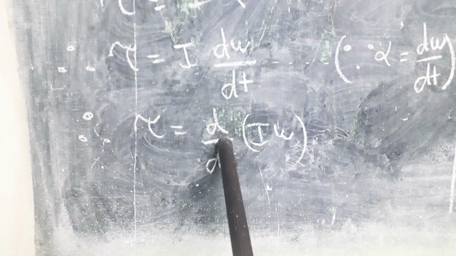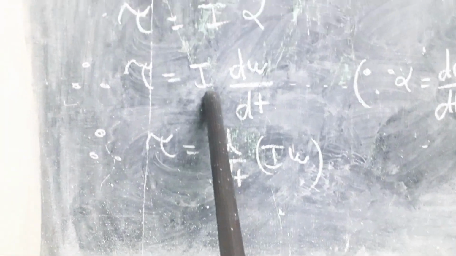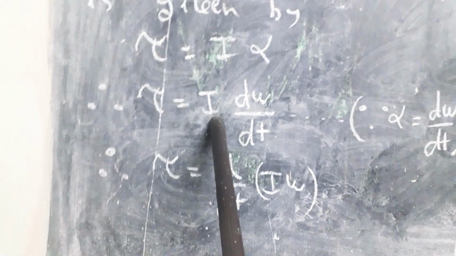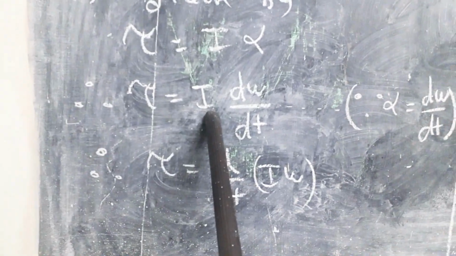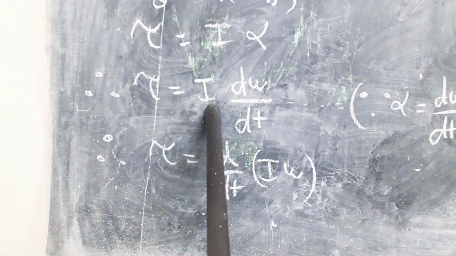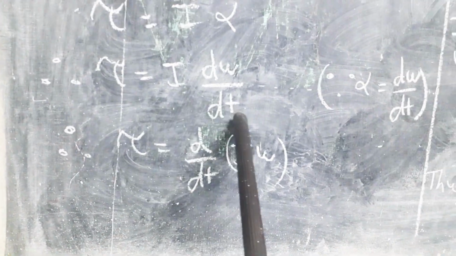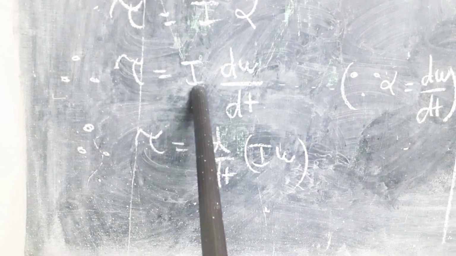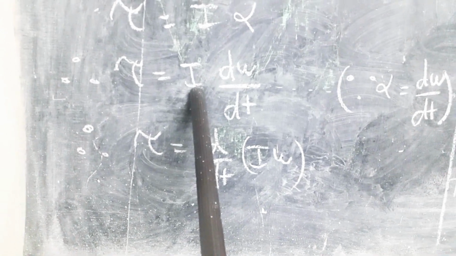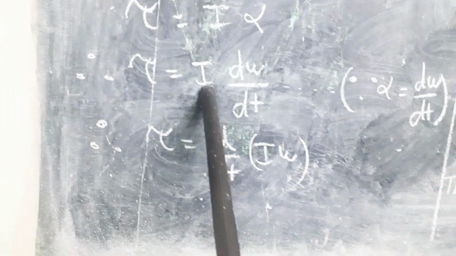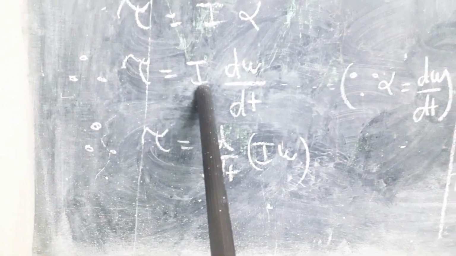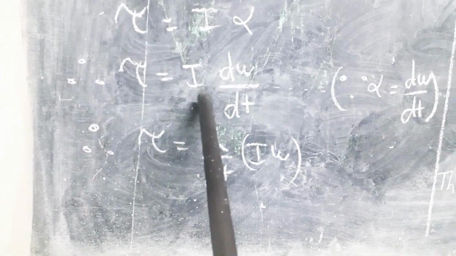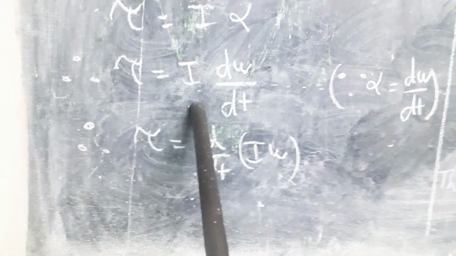Now this term I, moment of inertia, rotational inertia, that means rotational mass, is independent of time. We have seen the dimensions of moment of inertia: M raised to 1, L raised to 2 and T raised to 0.